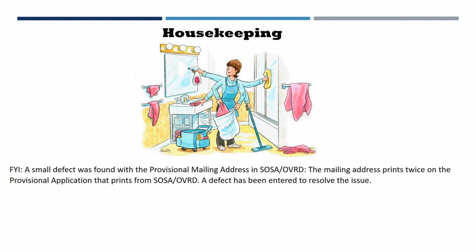But if somebody gives you a post office box or whatever, and you fill that in, it's going to print in that block twice. It only seems to be printing the first line twice. It doesn't print the city, state, zip twice. But that is a known defect, and hopefully it'll be resolved soon, but obviously it couldn't get fixed before tomorrow. So I just thought I'd give everybody a heads up on that.